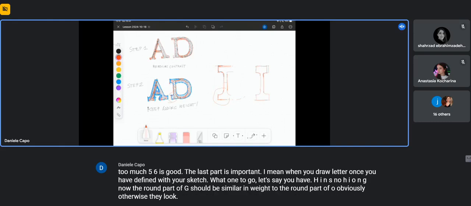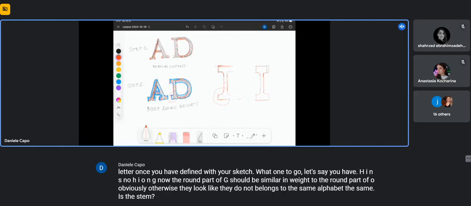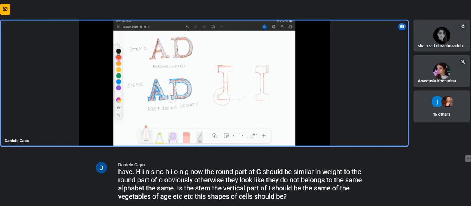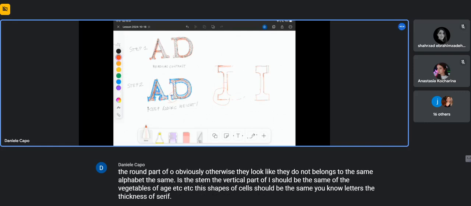Otherwise, they look like they do not belong to the same alphabet, the same typeface. The stem, the vertical part of I, should be the same as the vertical parts of H, etc. The shapes of serifs should be the same in all letters. The thickness of serifs should be the same.